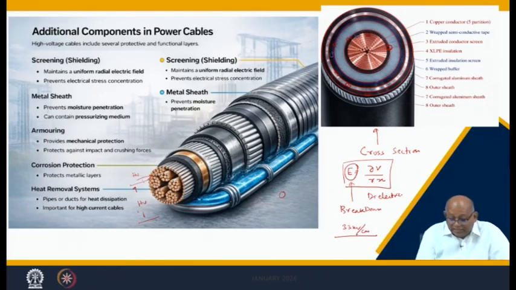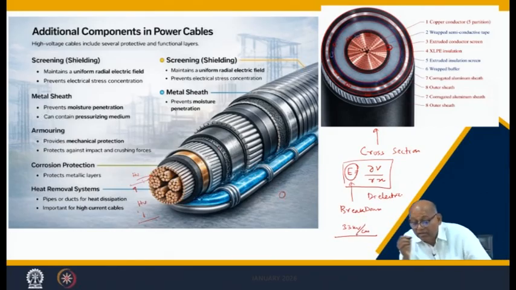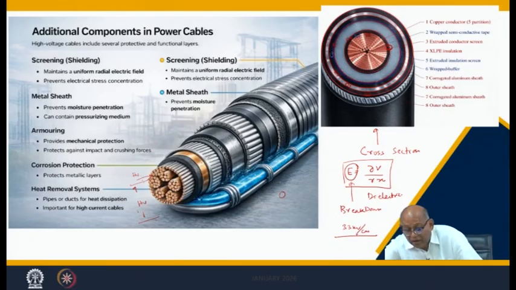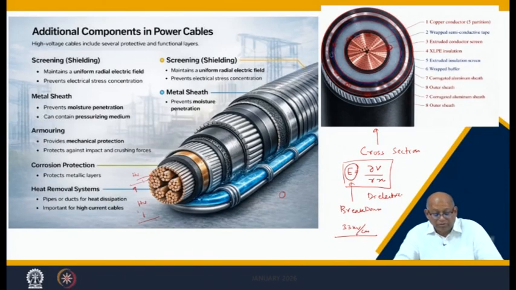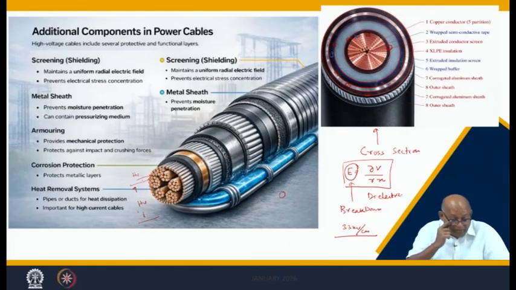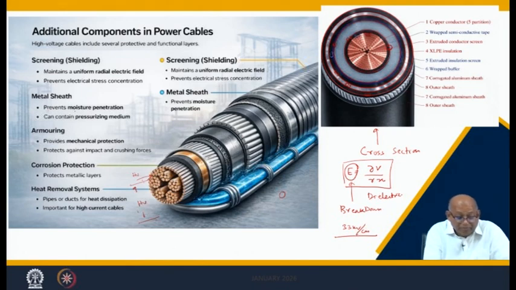Then comes the metal sheath. There is a metal outer sheath, and this metal sheath is responsible for giving strength. Then armoring prevents moisture. This screening gives a uniform radial electric field and prevents electrical stress concentration. That means it does not get stressed anywhere, so it is uniform. The metal sheath is primarily responsible for keeping out moisture.